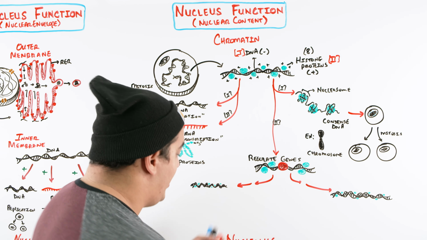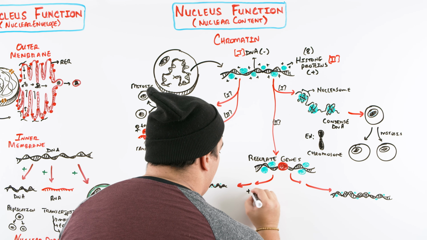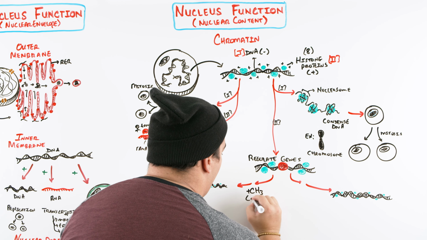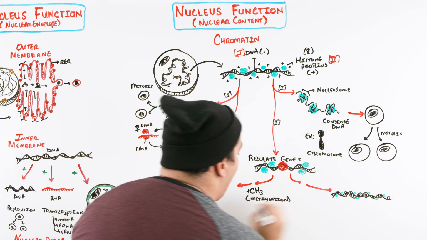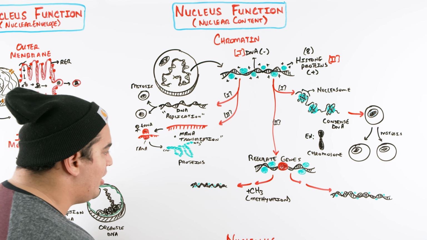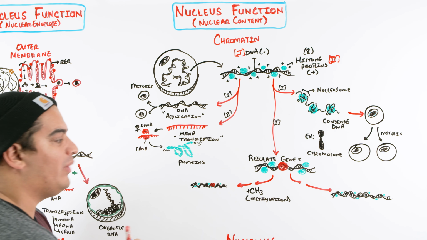Yes. So here's the thing. If I add on a methyl group, I'm going to do something called methylation. Methylation is the stop sign to the gene. Now look what I'm going to do. I'm going to condense this DNA to where I can't read the gene.